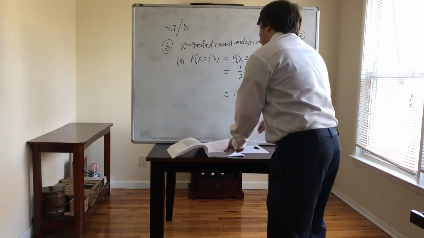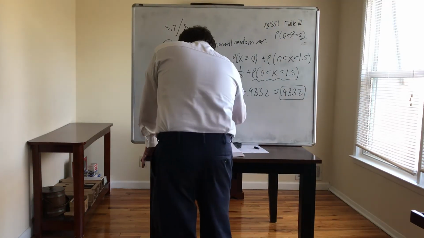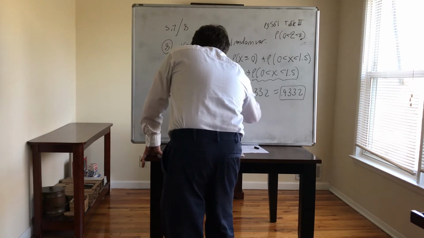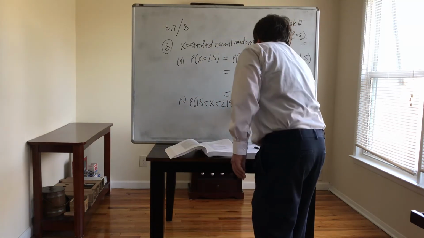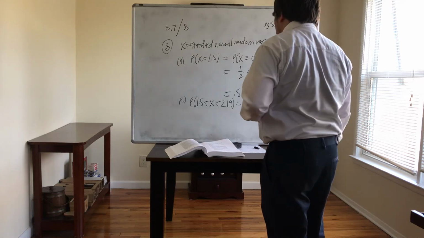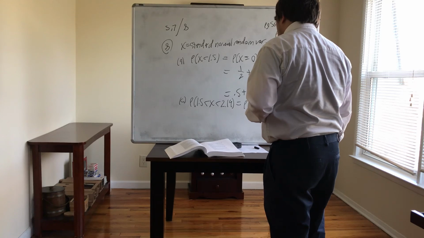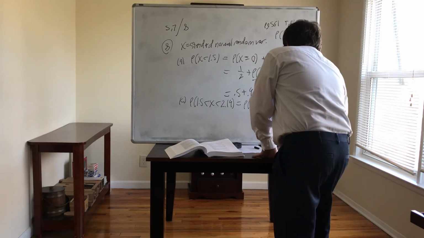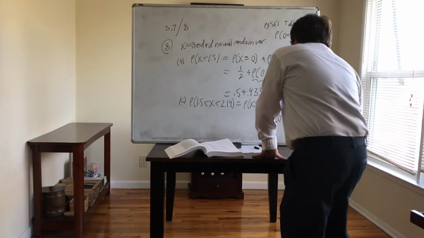Okay, now also let's do c, which is the probability that x is between 1.5 and 2.14. And so that's the probability that x is less than or equal to 0, plus the probability is between 0 and 2.14 minus the probability is between 0 and 1.5.